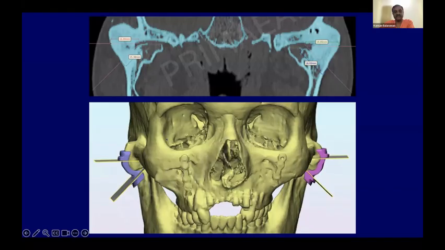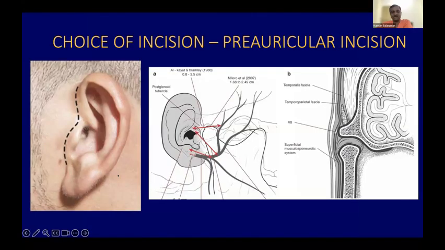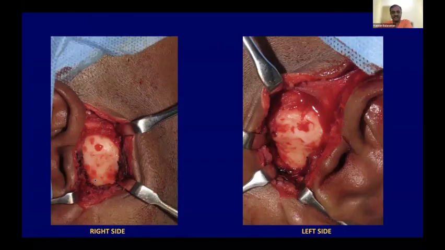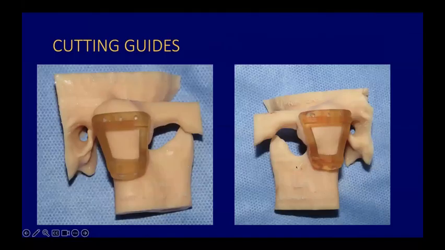Retrospectively speaking, sometimes a metal cutting guide is good if you are using a lot of saw, because you might end up cutting the plastic. So that is a challenge. The cutting guide has slots to fix it to the mandible with screws, and these are in situ. We can see the line, based on the angulation of the line on both sides.